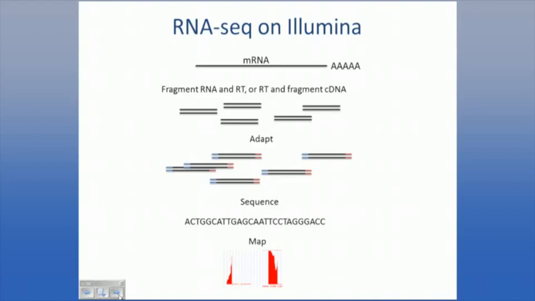In any event, once you have the fragmented reverse transcribed cDNA, you would next adapt those sequences with small adapters and sequence them on a high-throughput sequencer, for example, Illumina HiSeq. After the data is generated, these sequences are then mapped to the genome, and you generate intensity values on an exon by exon or gene by gene or splice junction by splice junction basis.